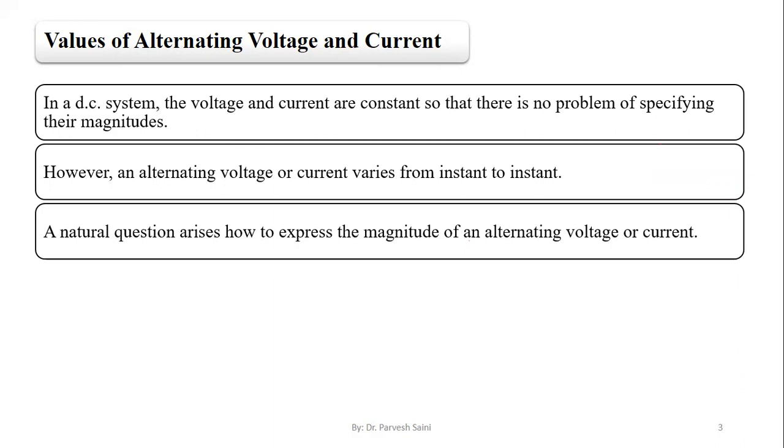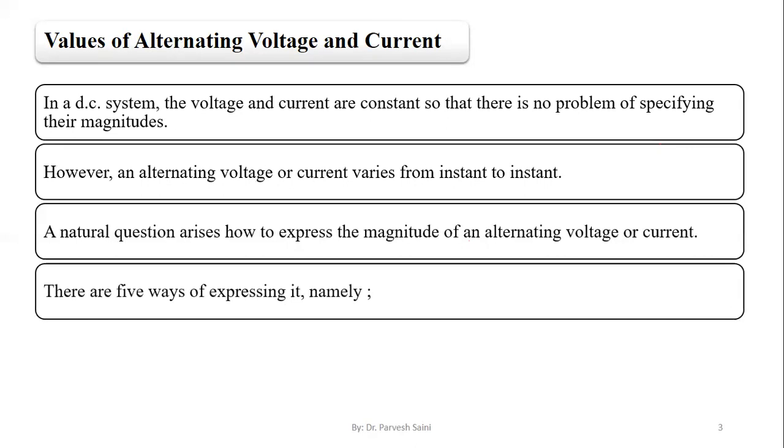So naturally it comes to our mind: how would we express the magnitude of any alternating quantity, whether it is alternating voltage or alternating current? What is the criterion by which we can express an alternating signal mathematically or in terms of its magnitude?